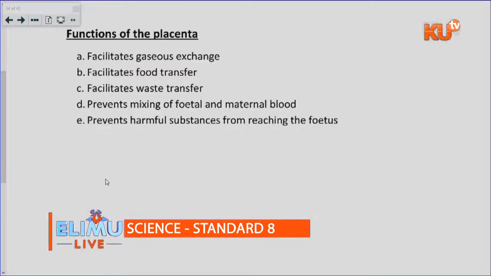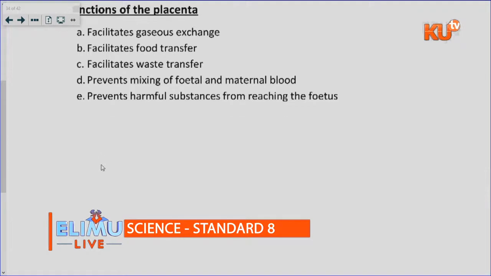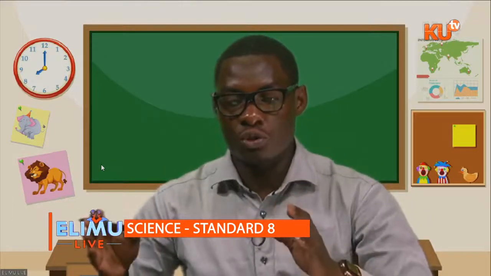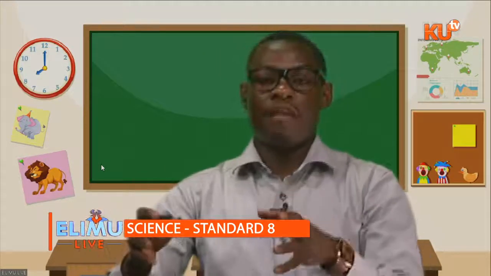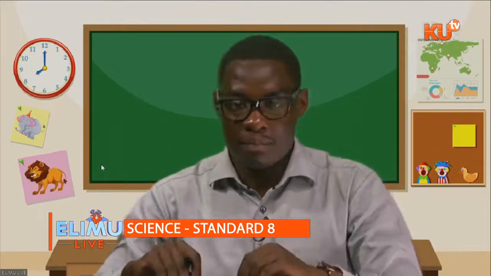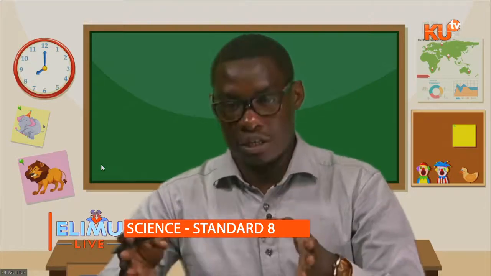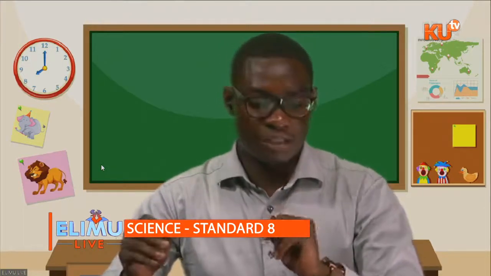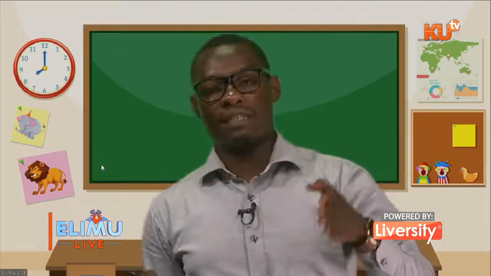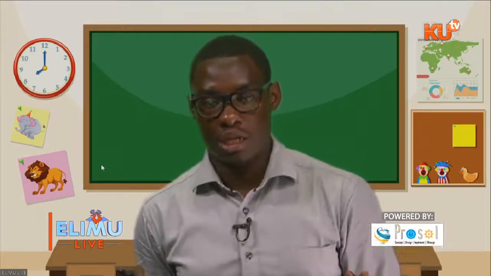It also prevents the mixing of fetal blood and maternal blood. The fetus blood and the mother's blood do not mix, because if they mix, the mother's blood is under high pressure while the fetus blood is not under high pressure. So it can lead to the rupturing of the blood vessels of the fetus. It also prevents harmful substances from reaching into the fetus.